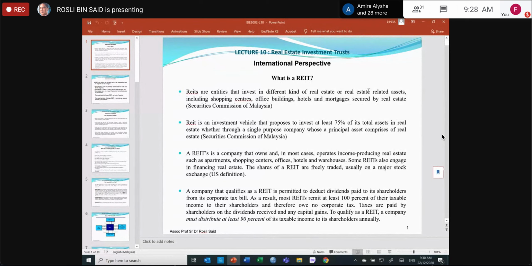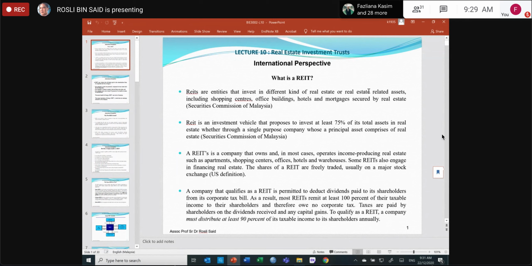So if commercial is not doing well, the other sectors will help maintain the dividends that the company is supposed to offer. But if you purchase a REIT from a company involved in only one particular sector, especially commercial, then we are going down together with the company.